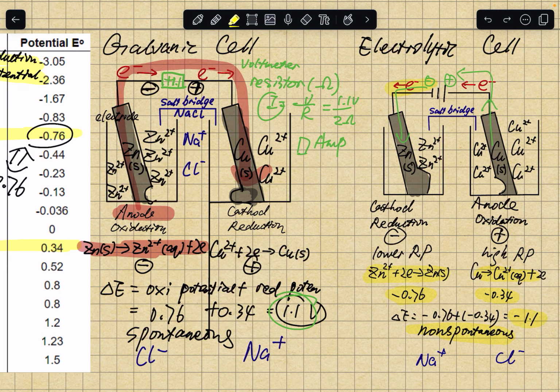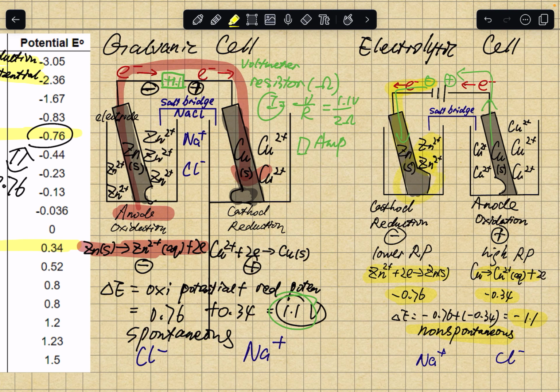The electron goes from the negative voltage here to this beaker with zinc, and these aqueous zinc cations will receive this electron and form neutral solid zinc.